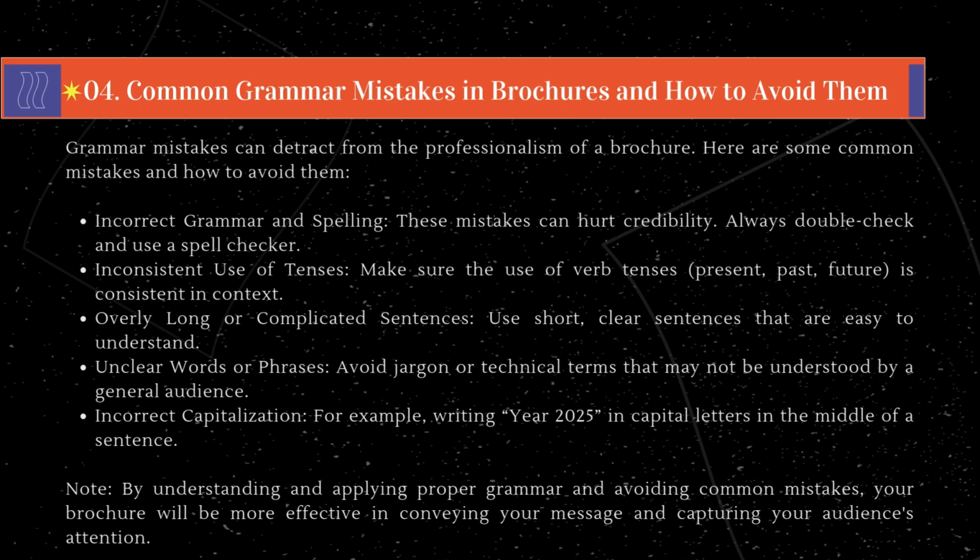Incorrect capitalization. For example, writing year 2025 in capital letters in the middle of a sentence. By understanding and applying proper grammar and avoiding common mistakes, your brochure will be more effective in conveying your message and capturing your audience's attention.